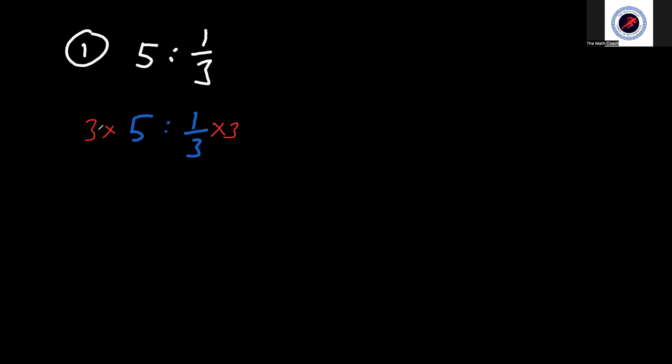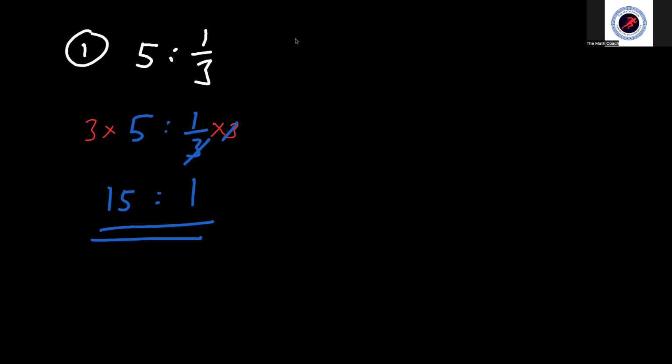Does it make sense? Now if you multiply both sides by 3, this denominator of 3 is cancelled off. So we have 3 times 5 is 15, is to 3, and the 3 cancels off, and we get 1. So the answer is going to be 15 is to 1. This is the final answer.